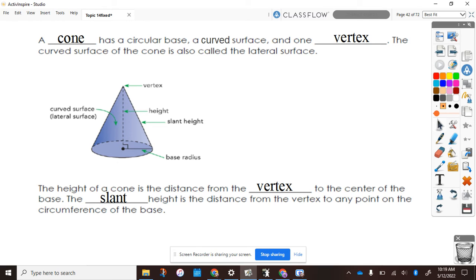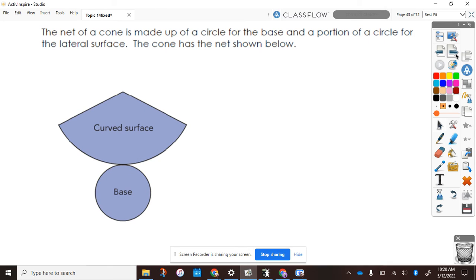When we talk about the volume and surface area of cones later on this week, you're going to notice the differences between height and slant height. Just like on a pyramid, you can't mix those two things up or you will get wildly different answers. So be on the lookout for that.